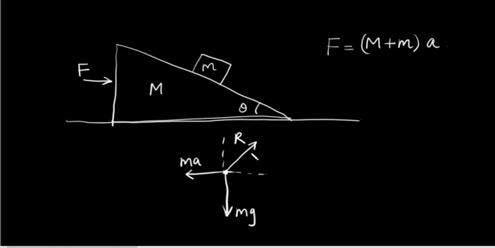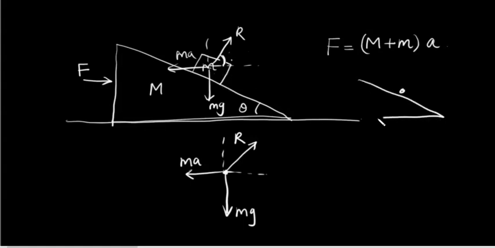Now we have to look at these two angles. So here, this is R, this is mg, this is ma. This angle is theta. So what will be this angle? If I draw it here like this, suppose this is our block and this is the direction of R, and these are two components, let's say Rx and Ry.